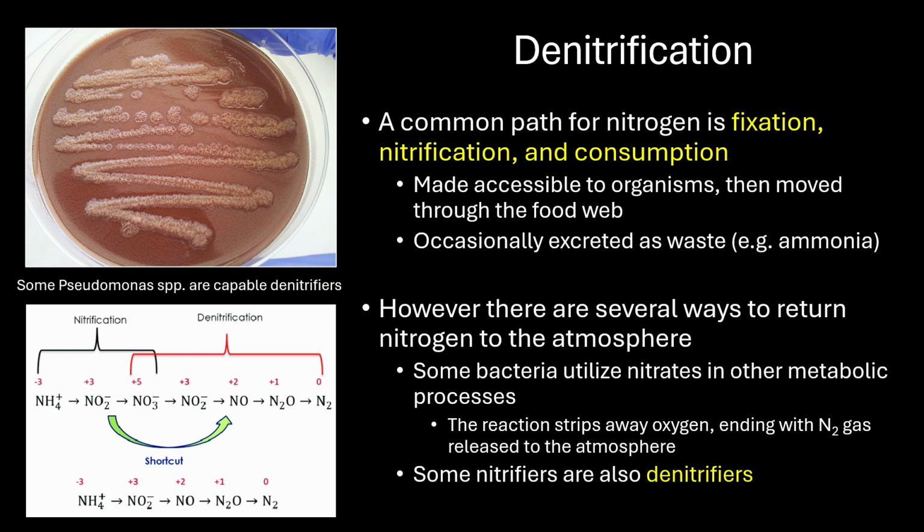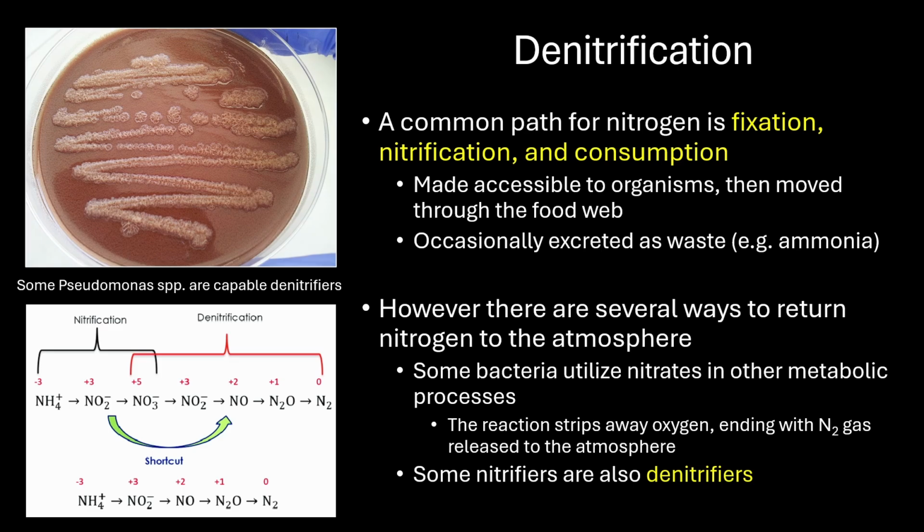However, there are also several ways to return nitrogen back into the atmosphere as nitrogen gas. Some bacteria will actually utilize those nitrates and nitrites in other metabolic processes that will take these molecules and strip away those oxygens, leaving them only with N2 gas that can then be released into the environment.